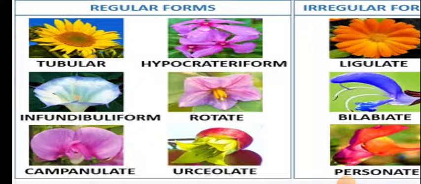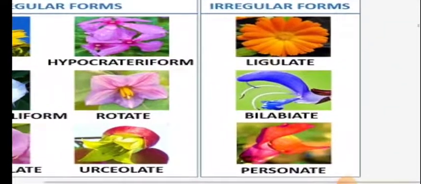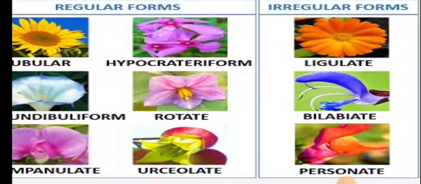Then campanulate, in some, they join at the base. Then urceolate, so it also shows only the expanded part. So like this, all these types are there. Then ligulate type, bilabiate type, and the personate type of the corolla. Bilabiate means there are two lips, upper and lower, 3 plus 2, like this one.